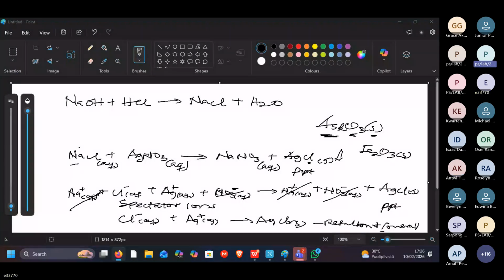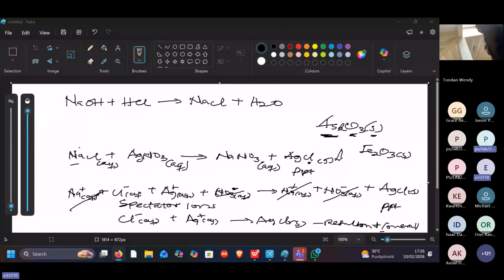According to the periodic table, arsenic is a metalloid. It has both metal and non-metal properties. Yes, but I'm saying that we are looking at it becoming metal-like. So that's why I'm saying that arsenic oxide is treated as ionic.